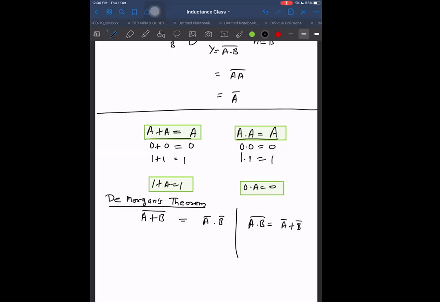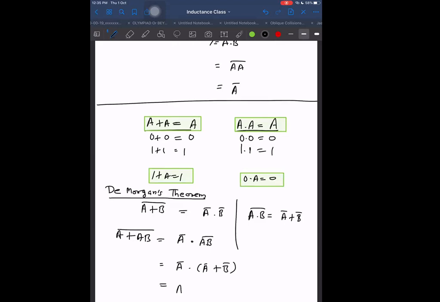De Morgan's theorem. Let me give one more example for this. A plus AB, whole bar, will be equal to A bar dot (AB) bar, which will again become equal to A bar dot (A bar plus B bar), which will again become equal to A bar dot A bar, which is A bar square, which is A bar, plus A bar dot B bar.